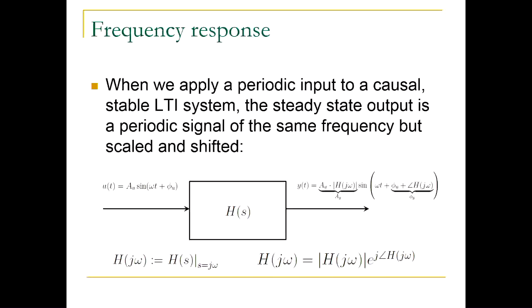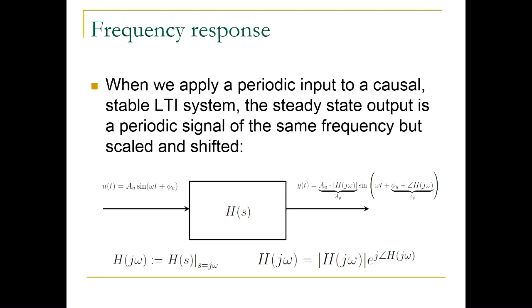Right. All right, so what we saw in the last lecture was that if we have a stable linear time invariant system described by its transfer function H of s. If we hit this system with a sinusoidal signal of a certain frequency omega, then the output in steady state will be a sinusoidal signal of the same frequency omega with some phase shift, which is captured by this phase of H at the frequency j omega, and also scaled by the magnitude.